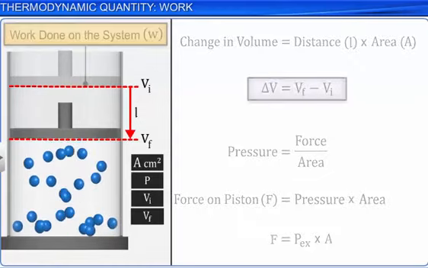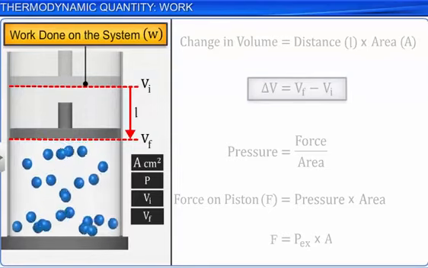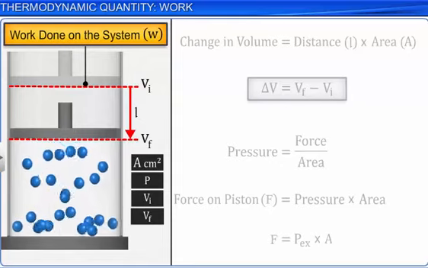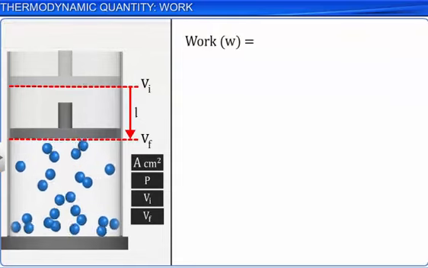If W is the work done on the system by the movement of the piston, then work equals force multiplied by distance.